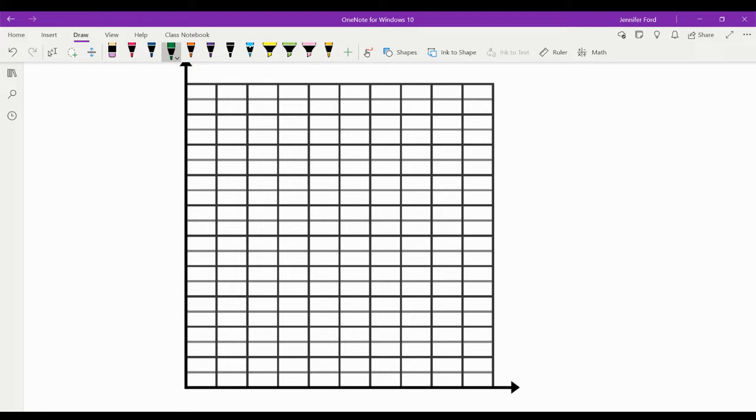So I'm going to make each one ball. So it's going to be 20, 18, 16, 14, 12, 10, 8, 6, 4, 2, 0. And this is number of tennis balls.